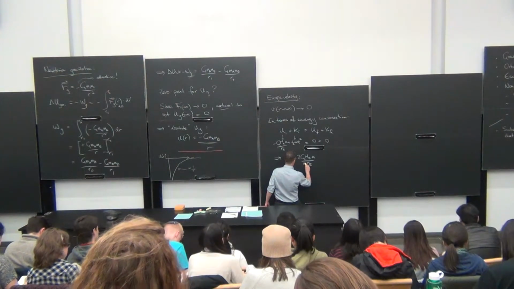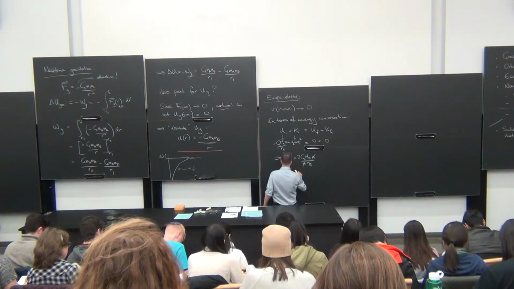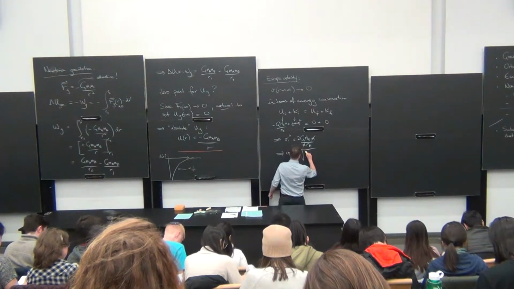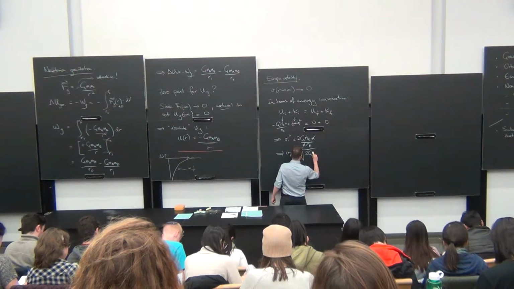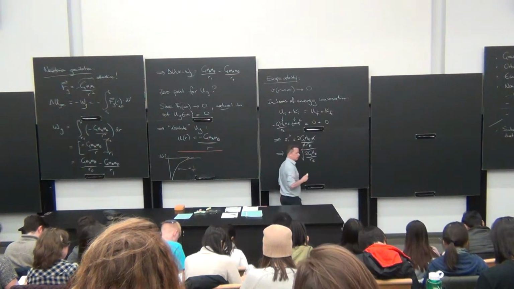I need to divide by little m. I get this cancellation, and if I've done this correctly, I find that this is the square root of 2G times the mass of the Earth divided by the radius of the Earth.